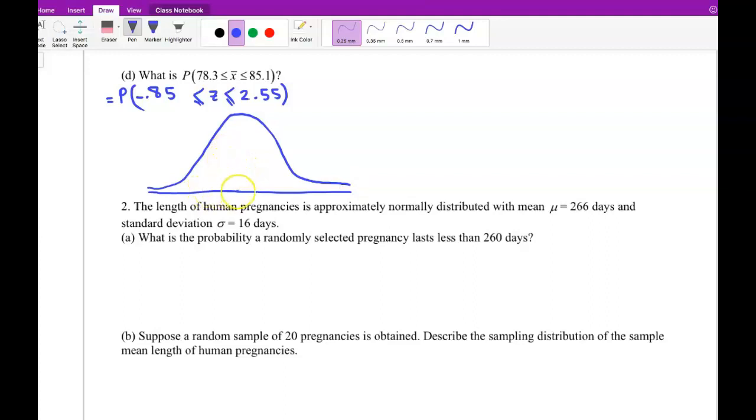Okay, so what we have here, if you remember, Z is 0, and here is negative 0.85. And here we have 2.55.